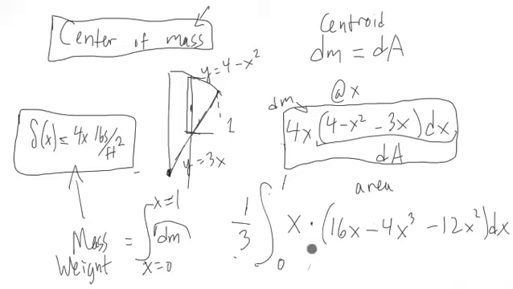So now this is the integral. This is 16x squared, just multiplying it through, have not taken an antiderivative yet. We're just multiplying it through. 16x squared minus 4x to the 4th minus 12x cubed. Now let's take an antiderivative of this, remembering we have the 1/3 on the outside.